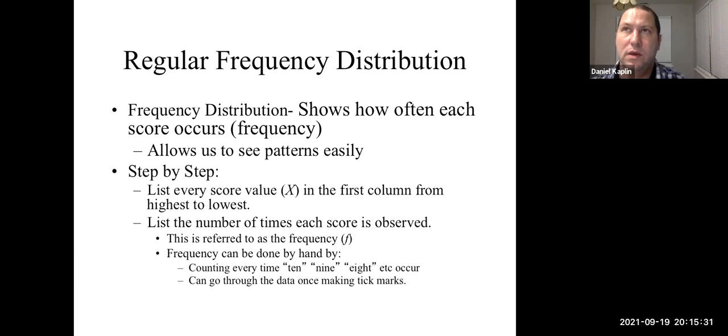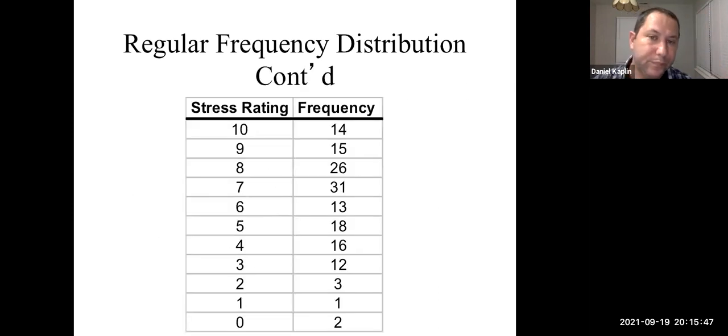And then if we were to calculate frequencies by hand, we would just count how many 10s there were, how many 9s there were, how many 8s there were, and so forth. And you could do this by cancellation or tick marks, however you want to do it.